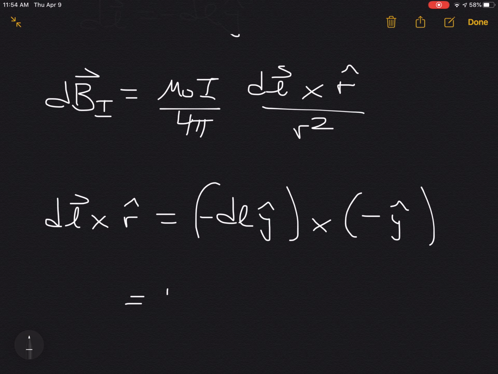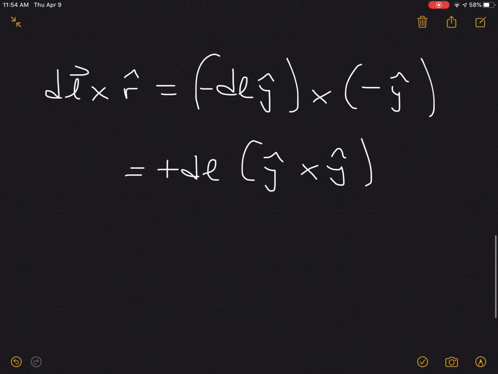This is equal to positive dl y hat cross y hat. And at this point, we've done a few cross products, so we know that this is actually equal to 0.